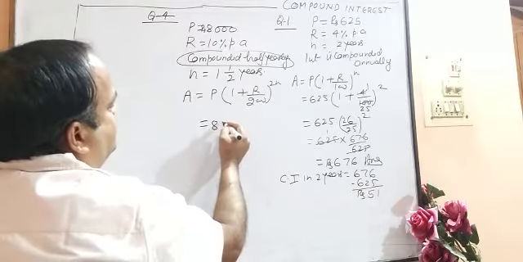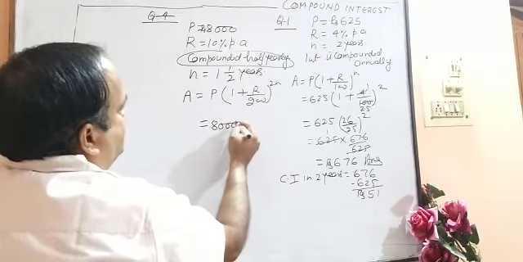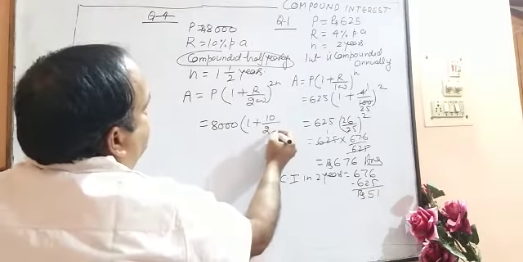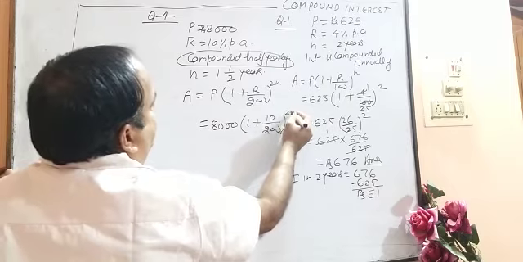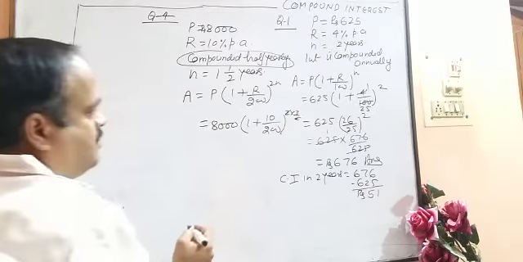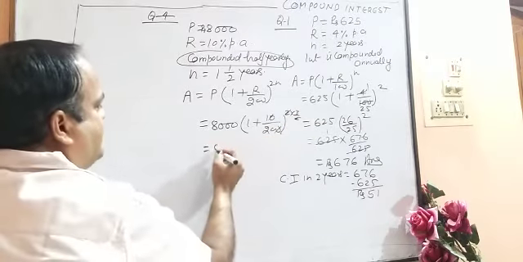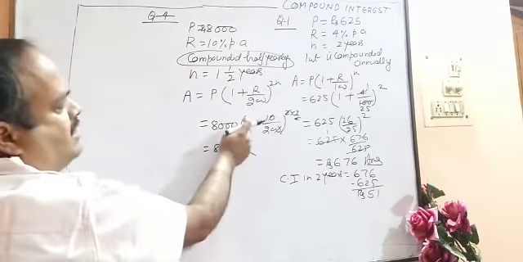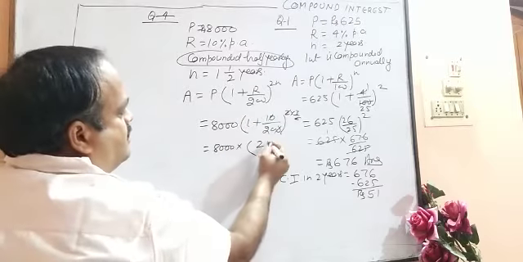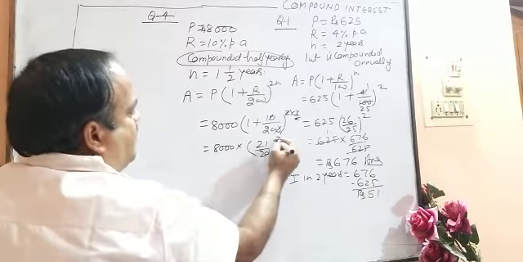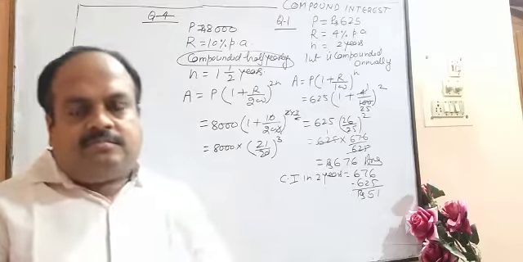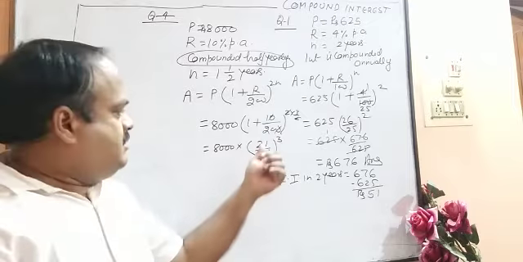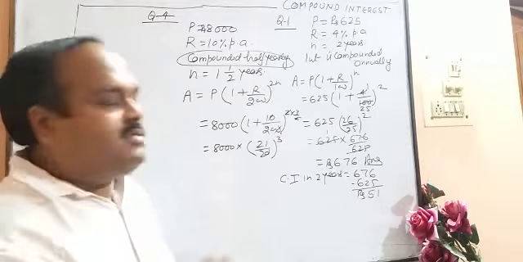Let us put the values. P is 8,000, R is 10%, and 2n is 2 into 3 by 2. So we get 8,000 into 21 by 20 to the power 3. 21 cube is 9261. 20 cube is 8,000.